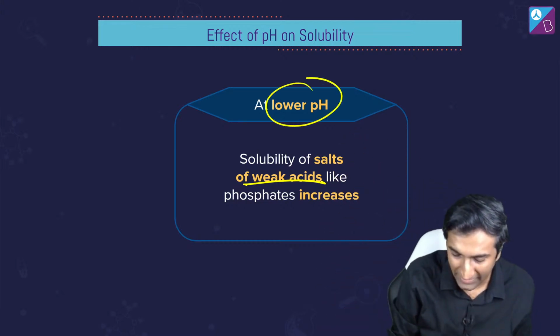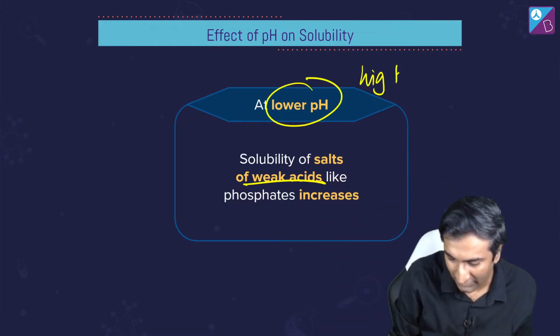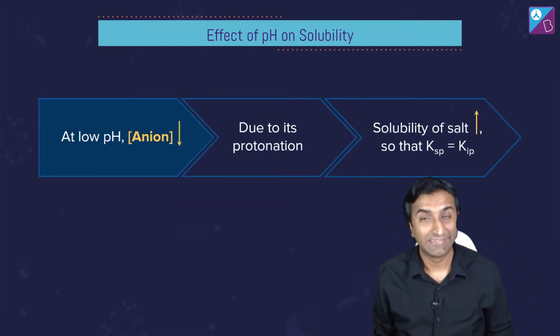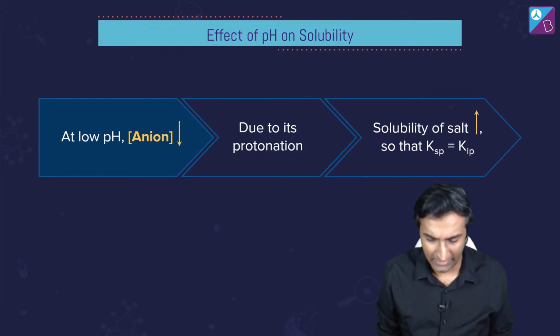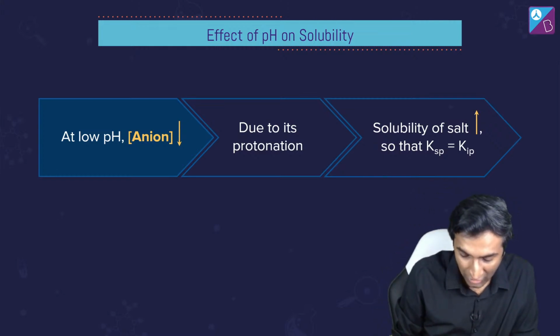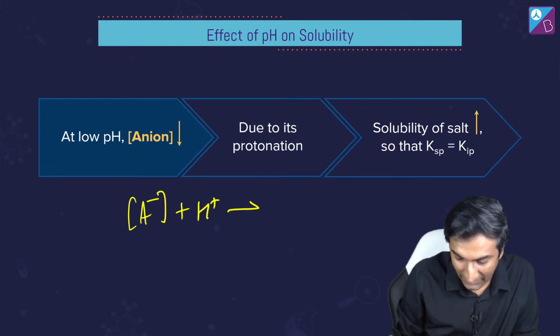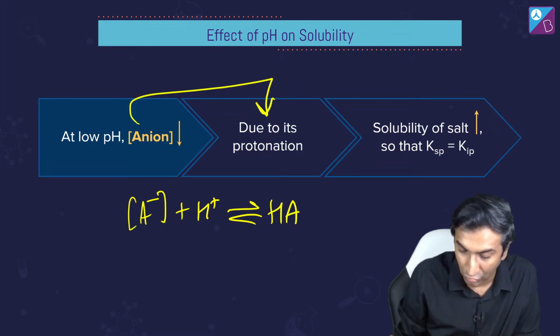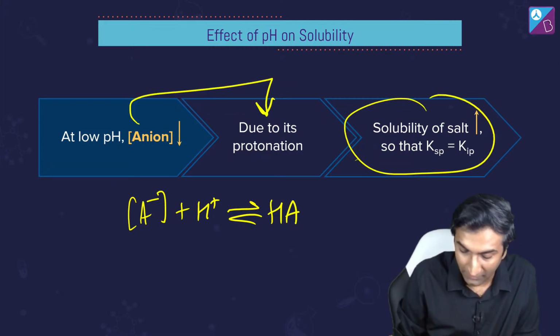So at low pH, which means high H plus ion concentration, the solubility of phosphate or other weak acids increases. Why? Look at this. Because the anion reacts with H plus and forms HA. That's what it's saying. Due to protonation of the anion, the solubility increases.